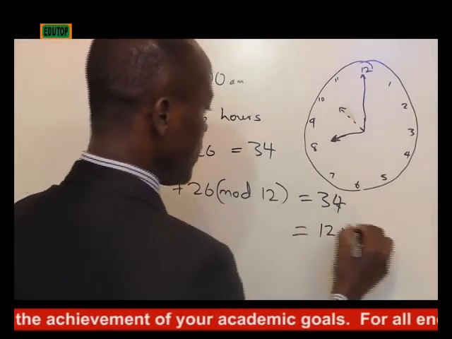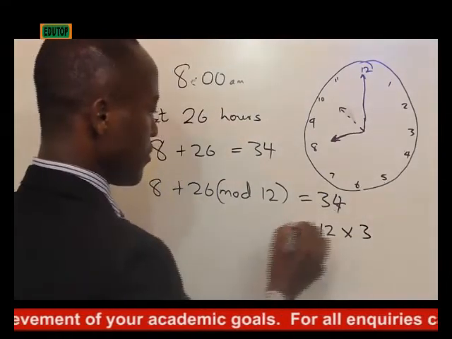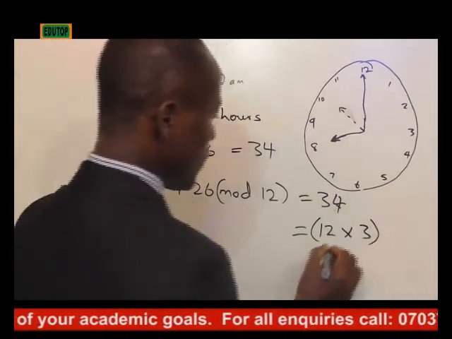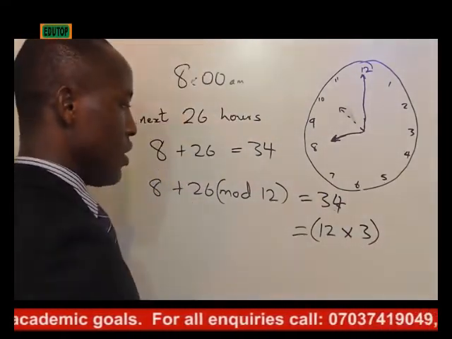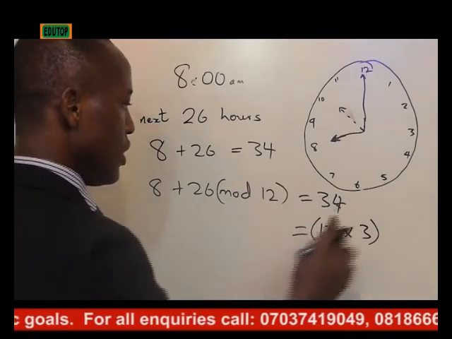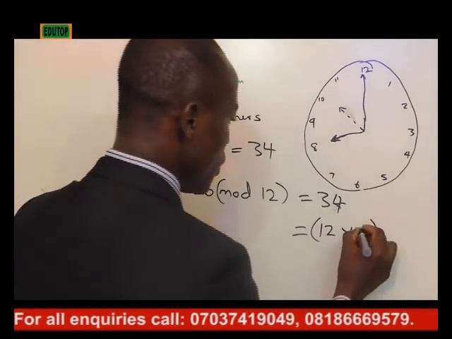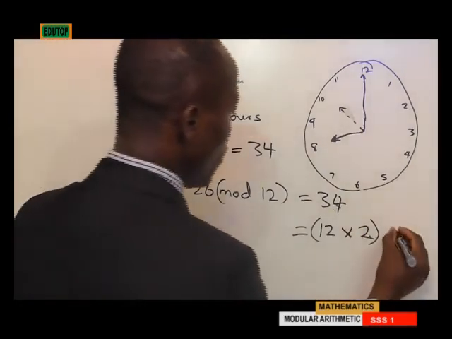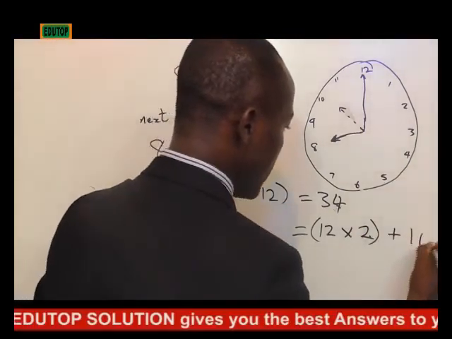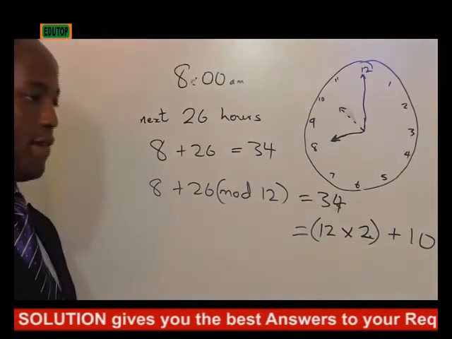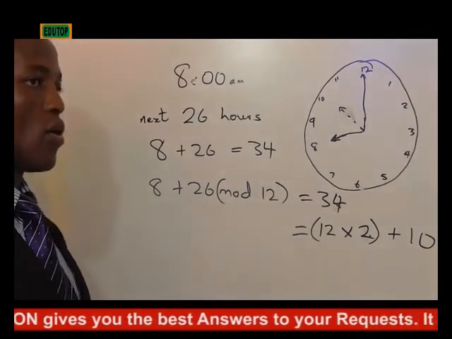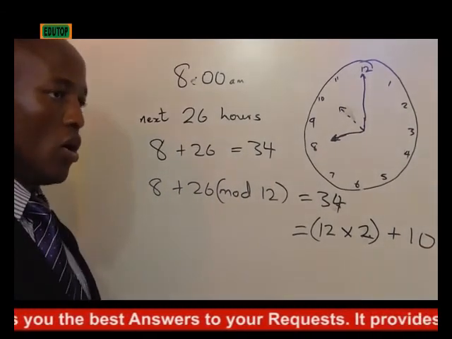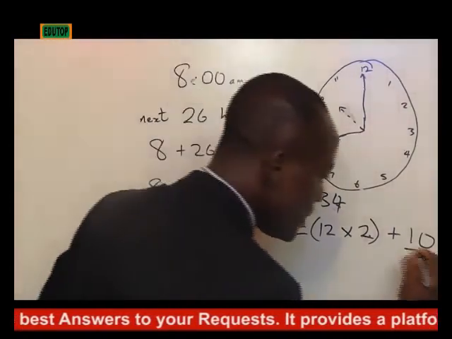Our 34 is the same thing as 12 times 3. No, that's 12 times 2. 12 times 2 will give us 24. 34 minus 24 will give us 10. Mind you, in the first statement I made, I said our concentration is based on the remainder, that is this.